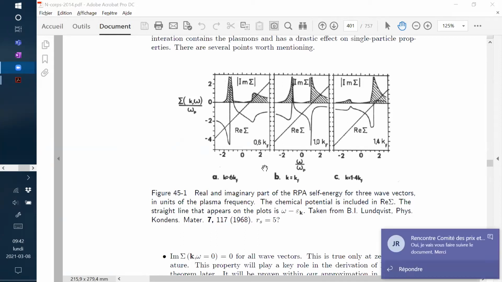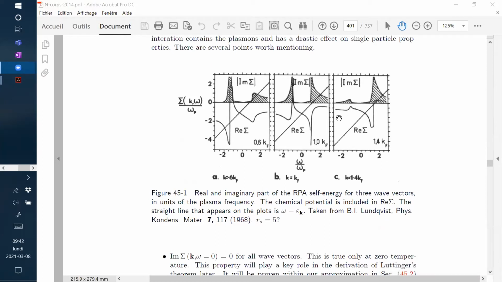And this line here is the real part. So the first thing you note is that the slope is negative. And you remember that's what we wanted, to have a negative slope to have quasi-particles. So that's something nice.